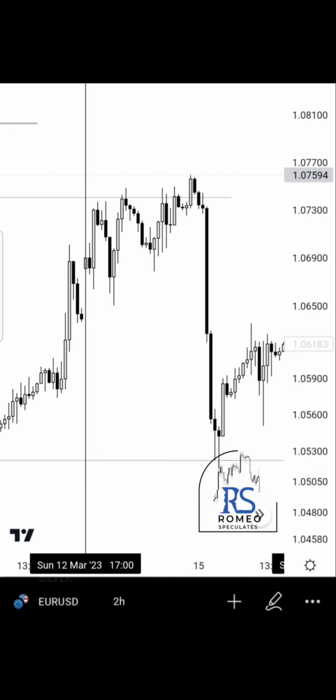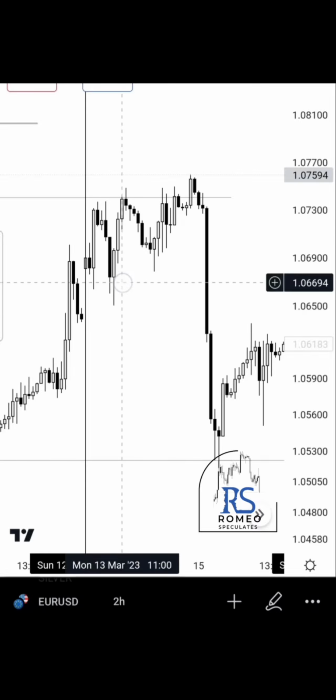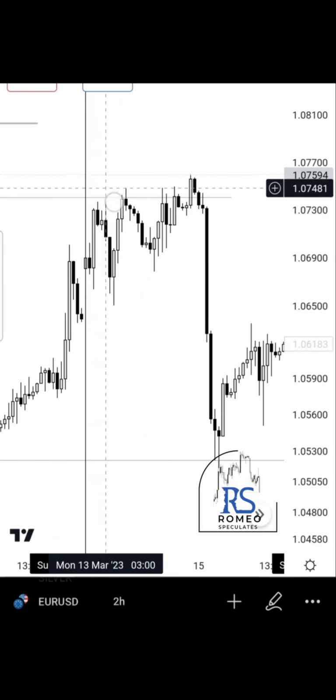Is it instant? Could be. Could it take a while? Could it really shoot up? Because sometimes you get a Judas where it opens and it shoots up non-stop, wrecking everyone who was long, wrecking everyone who was short, and not allowing new people to participate in the movement. So here we have Judas to the upside.